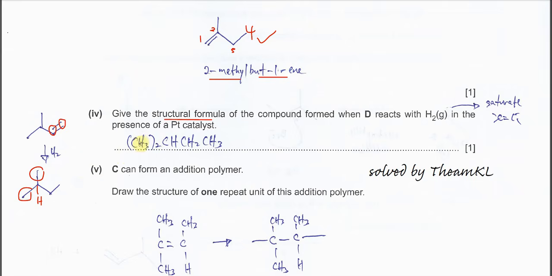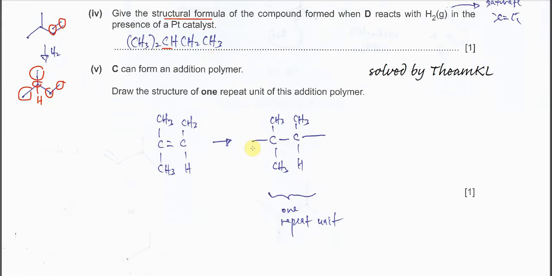So it's CH3 in brackets 2, and these two CH3 are bonded to this carbon, and this carbon has one hydrogen. So we just give the formula like this: (CH3)2CHCH2CH3. So this is the structural formula.